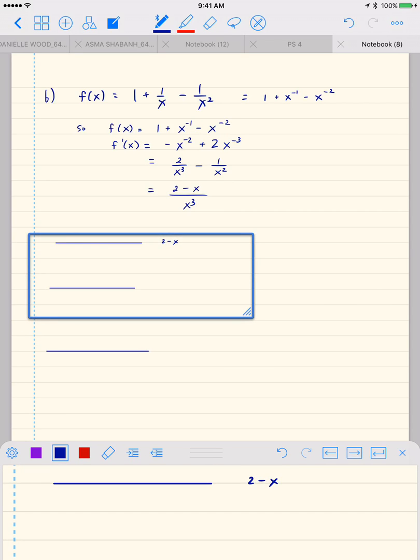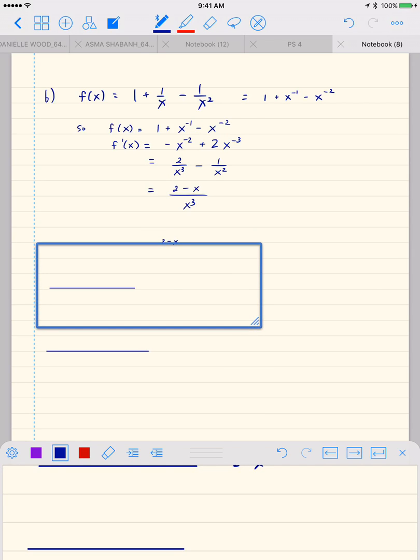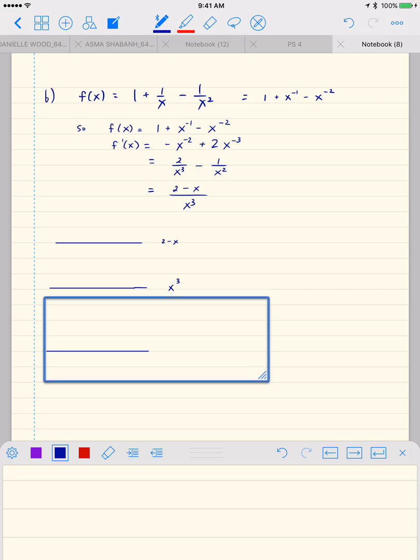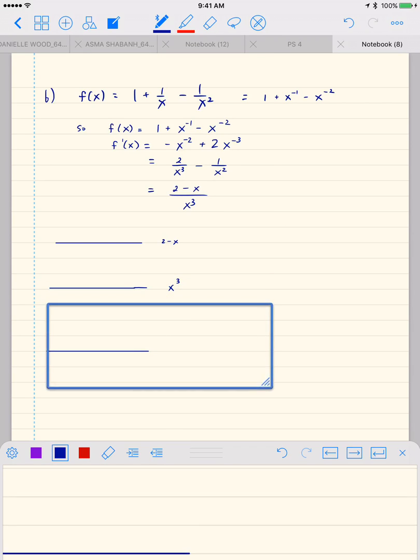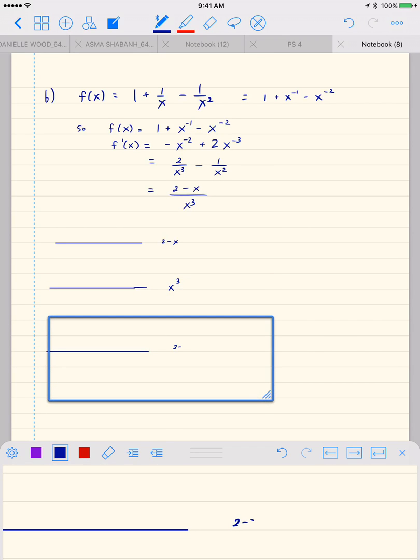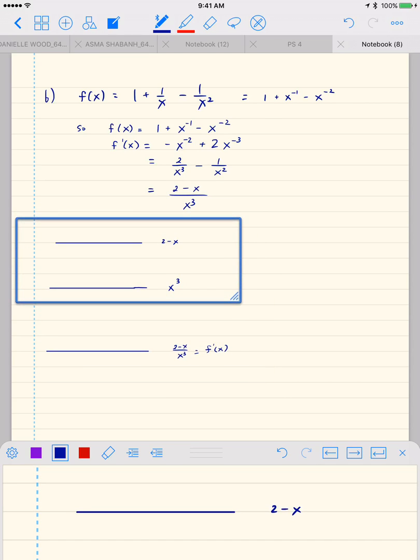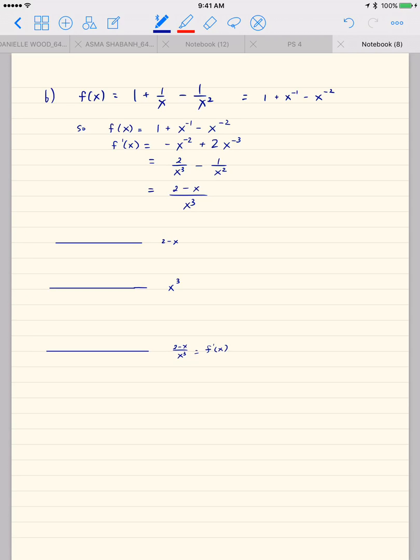My denominator is x cubed. And lastly, we'll have 2 minus x over x cubed, which is equal to f prime of x. Okay, so we can go ahead and put our zeros in.